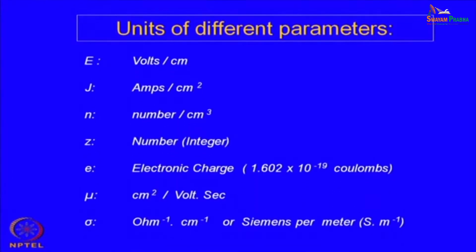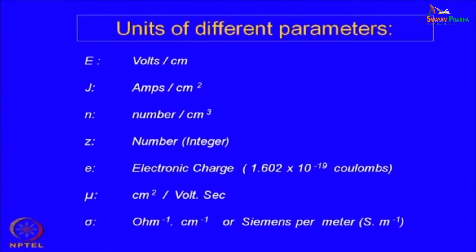Now, we have introduced a few parameters, and let us have an idea of the units. E, the electric field, is volt per centimeter. J can be written as small j also, here it is written capital J, but it is the same thing. Ampere per centimeter square.